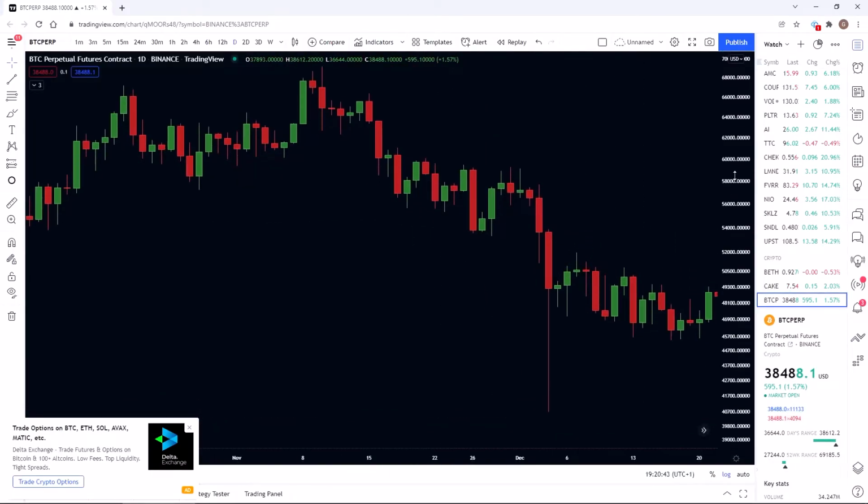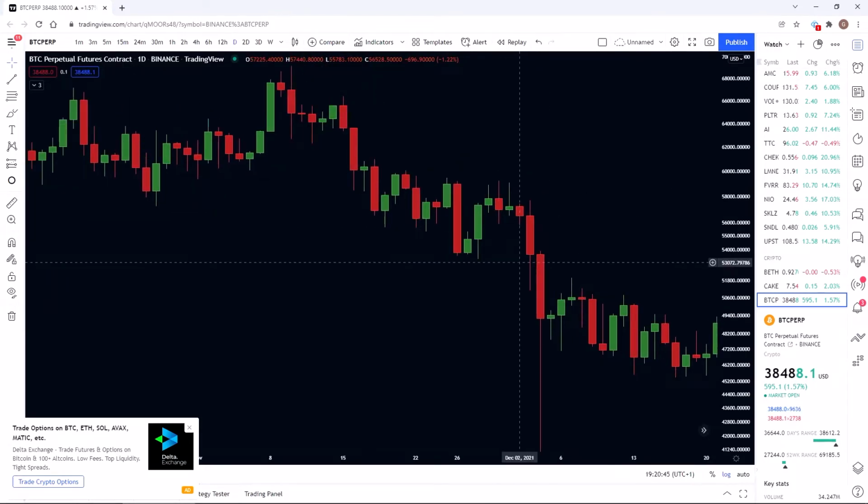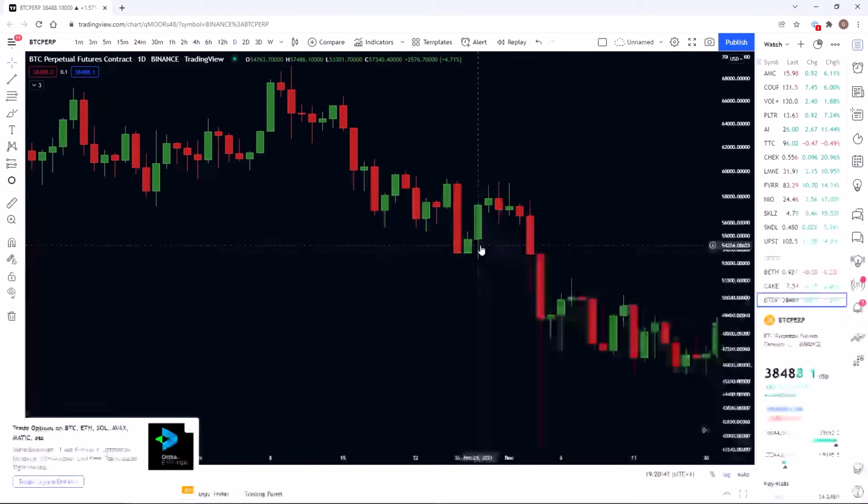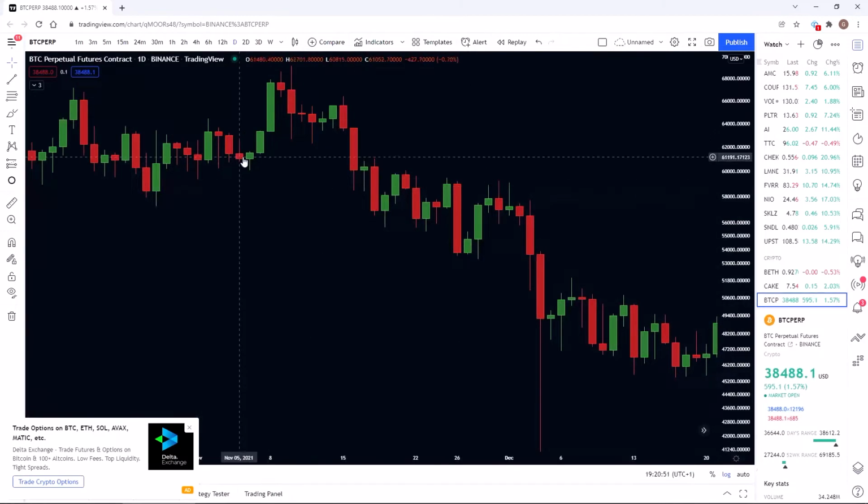Okay, now let's take a look at the second one. This is the bullish 3-line strike, and basically what happens here is the market is trending down, and then you have right here 3 days in a row where the market goes up. Now what does this mean?